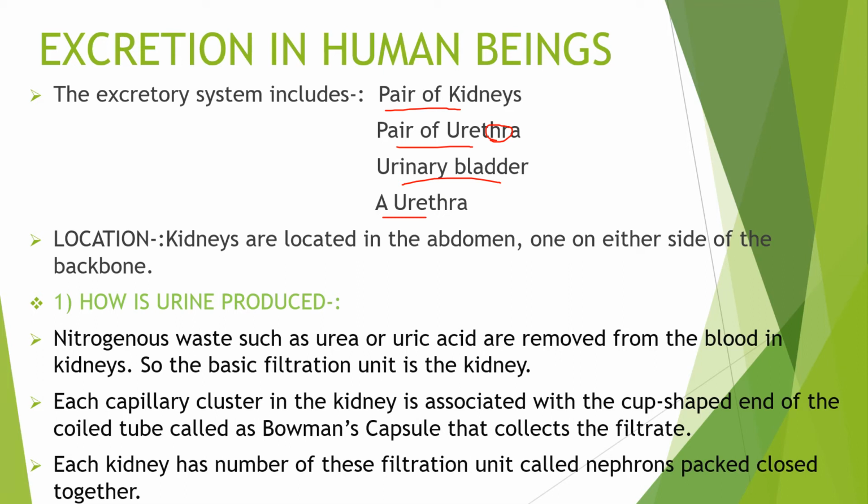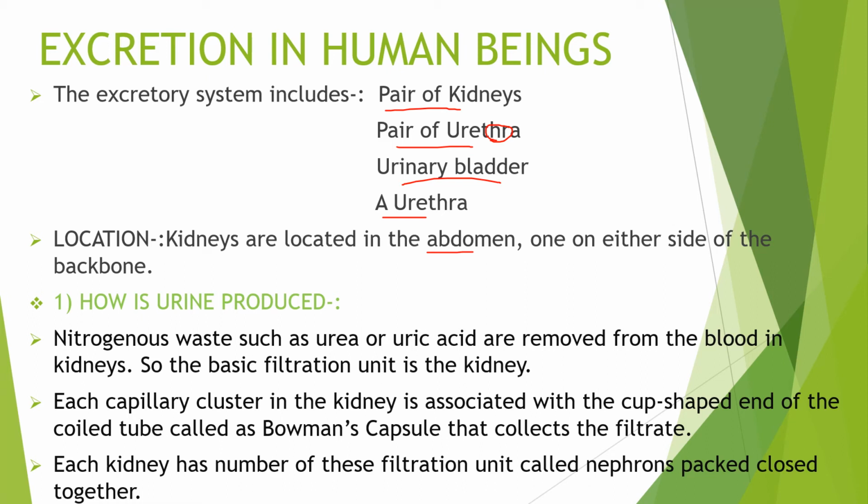Now location. The kidney is located in the abdomen. There are two, one on either side of the backbone. Now, how is urine produced? We have seen that many nitrogenous wastes present in our body are harmful and have to be removed from the blood in the kidney.